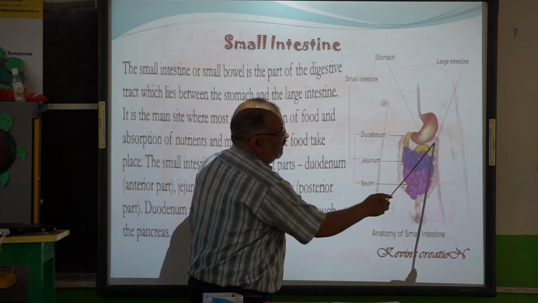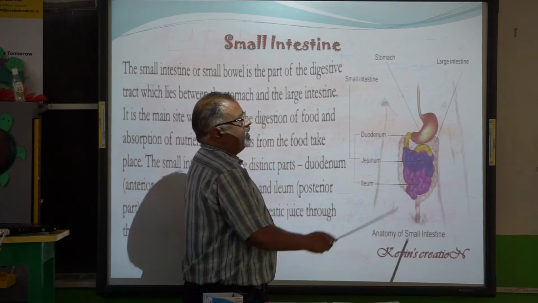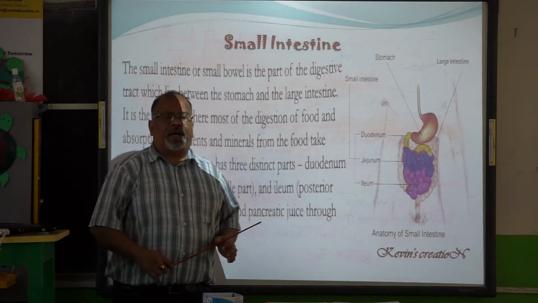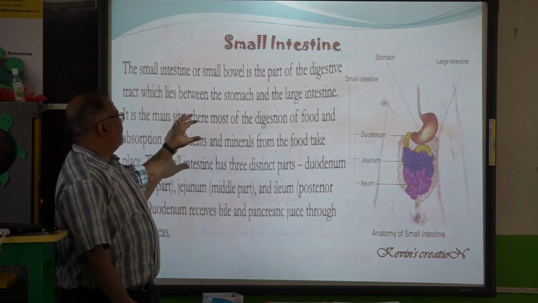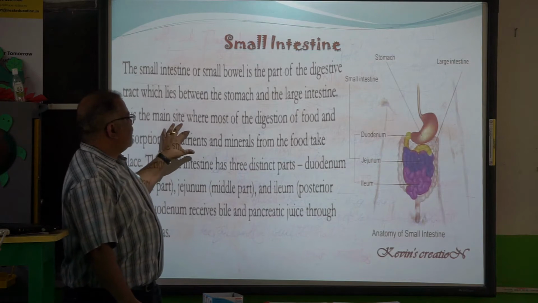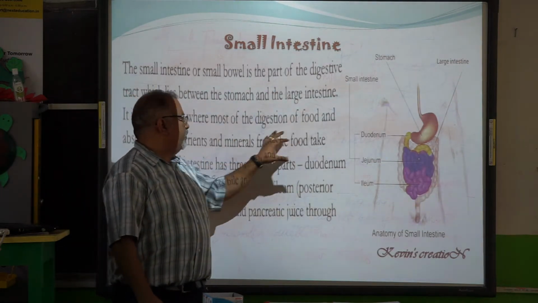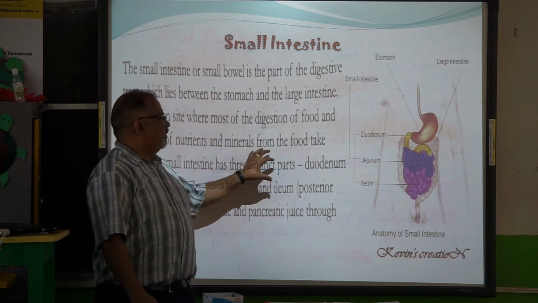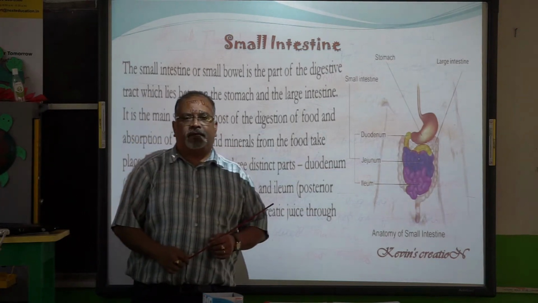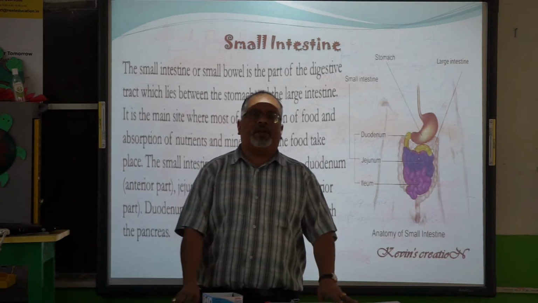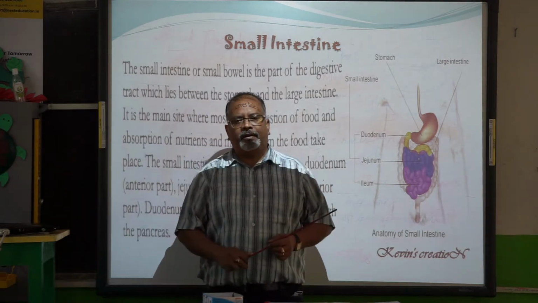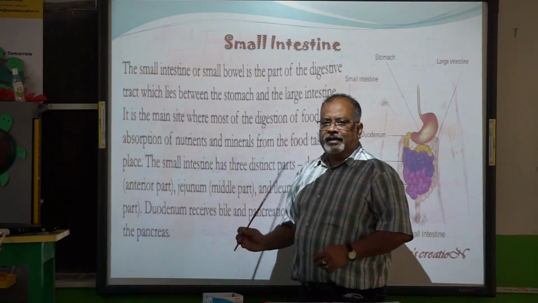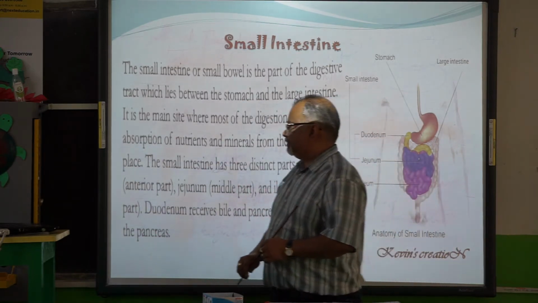Beside that you can see the presence of large intestine, and this is stomach. So let us see the parts of small intestine. It is the main site where most of the digestion of the food and absorption of nutrients and minerals from the food take place. It's a very important part when you are talking about digestion of food. So digestion takes place here in small intestine.